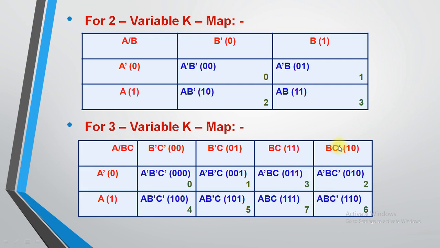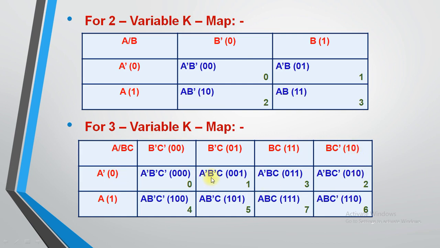The combination also you can compare. For this particular cell, the last cell, the value of variable A is 0. So over here it is 0. The next variable's value is 1. So I have written 1 over here, and 0 I have written over here.